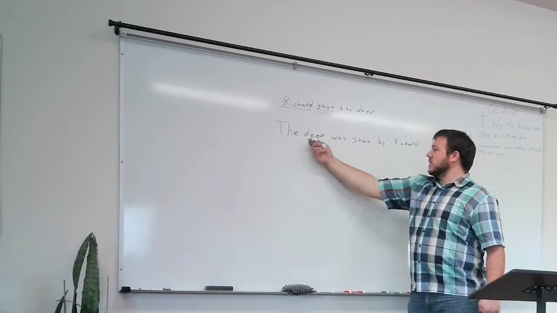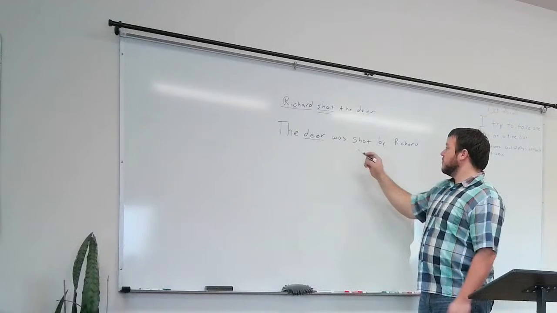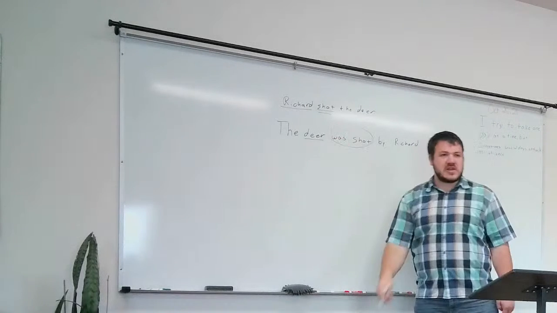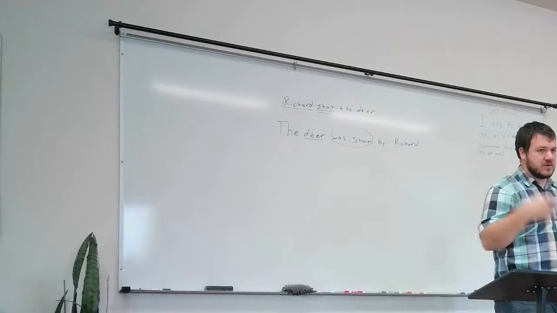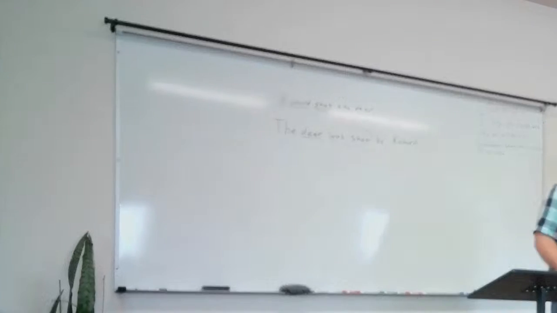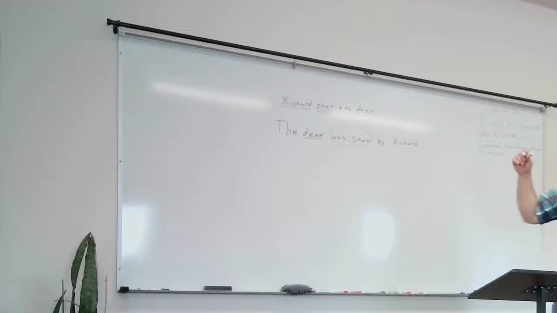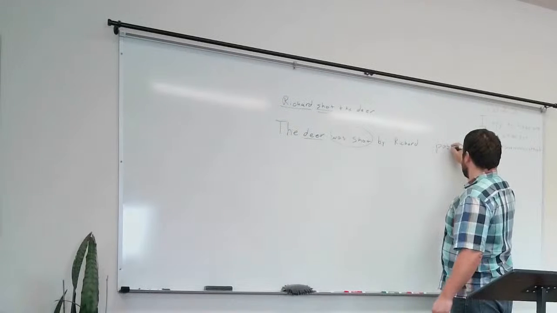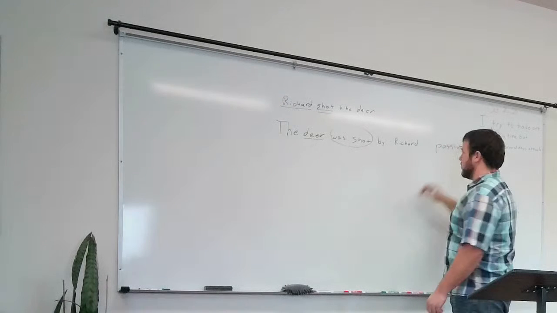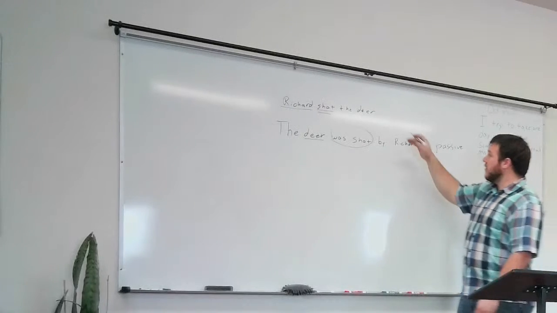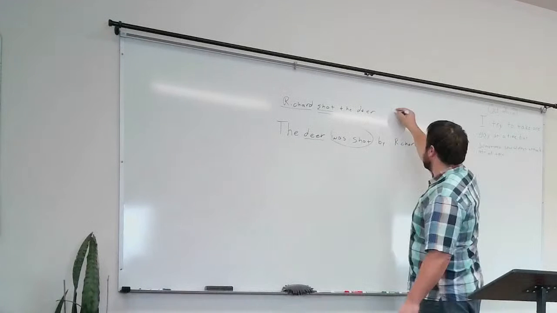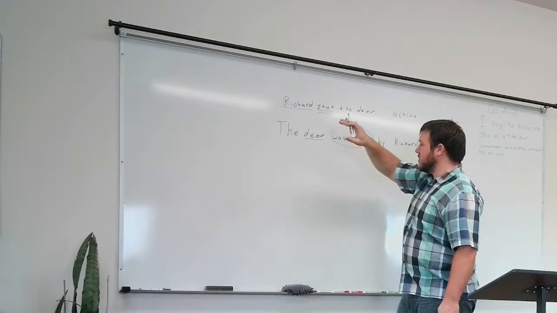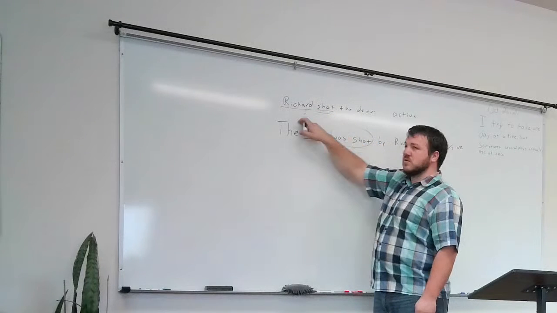We switched it around, but it's being acted upon. The action is happening to the deer. It's kind of an accident, right? So this is passive voice when the action is happening to something, and this is active voice when the subject is doing the action.